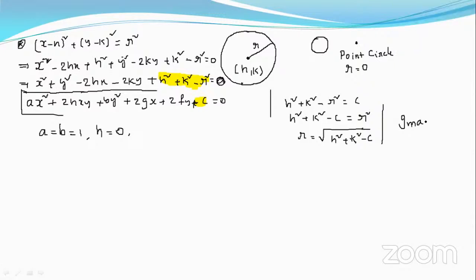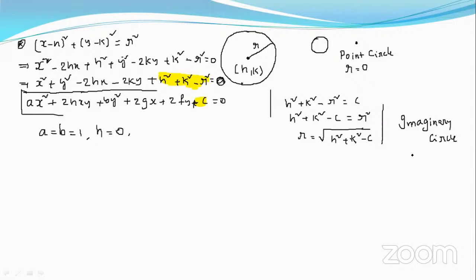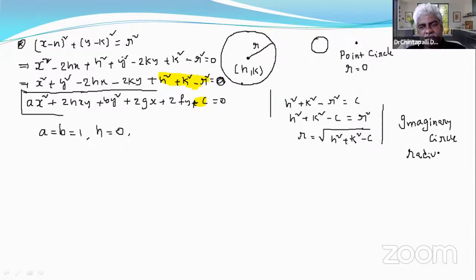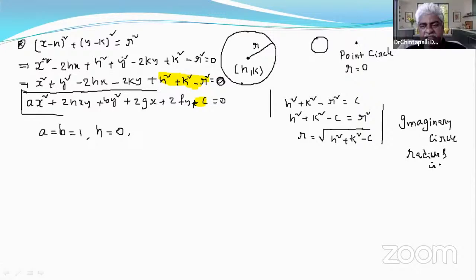These circles exist in math students' and mathematicians' minds only. That is called an imaginary circle. If the radius is negative, it is an imaginary circle, right?